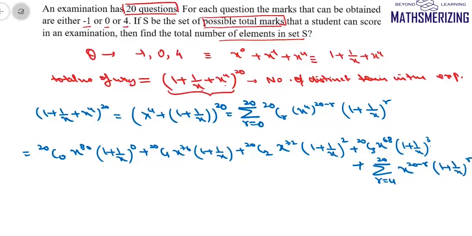Now here I'm not interested in the expansion of this series. What I'm interested in is the number of distinct terms. So I'll just count what powers of x will be present in this expansion. This expansion will have x to the power 80. Then here we'll have x to the power 76, and if I multiply it with 1 upon x, I'll get x to the power 75.